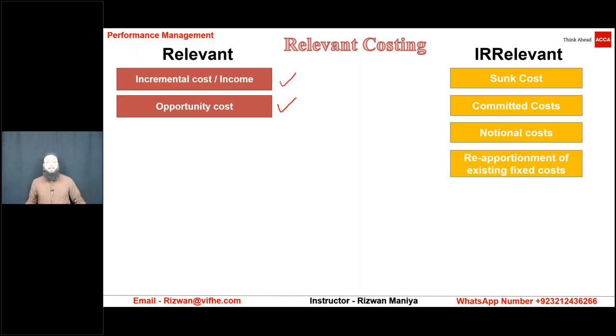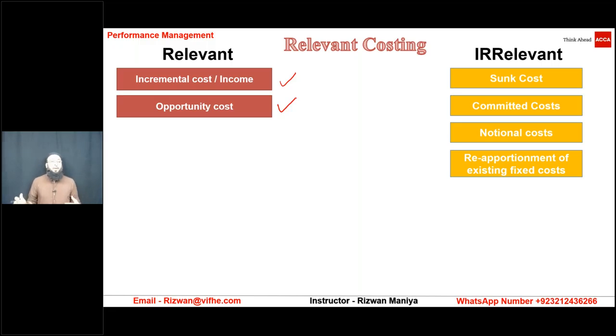Will you prefer job one or job two? Obviously you'll prefer job one because it is giving you 200,000 and job two is giving you 150,000. Whatever sacrifice you are making is known as your opportunity cost.